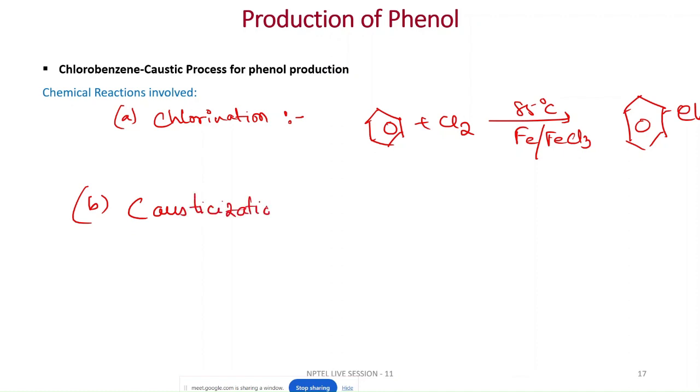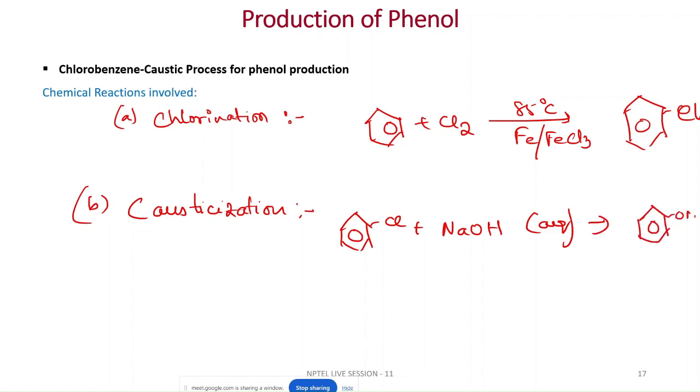In the second process, it is causticization, where the monochlorobenzene reacts with caustic soda, that is NaOH, in aqueous condition, and it forms sodium benzoate.